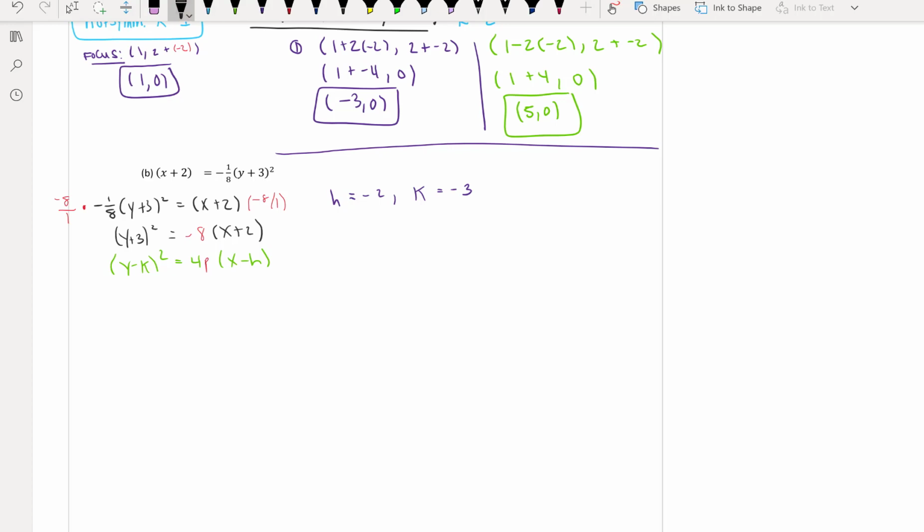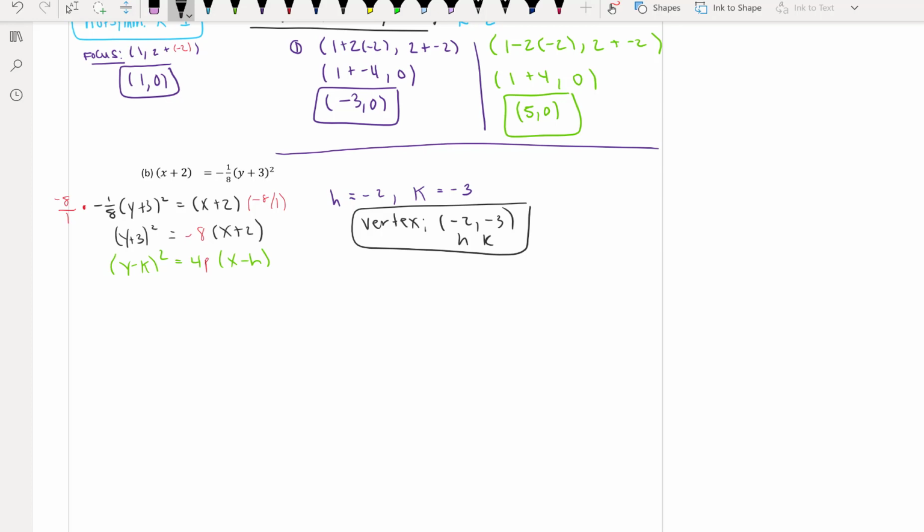So that tells me that my vertex is a negative 2, negative 3. Just by looking at that. But I still want to be able to get that p value. So let's go ahead and get that.